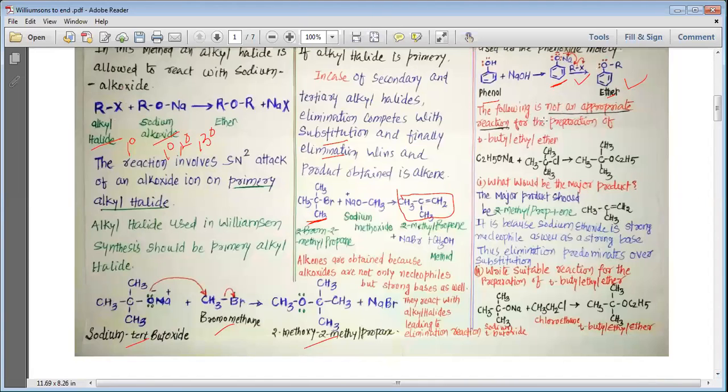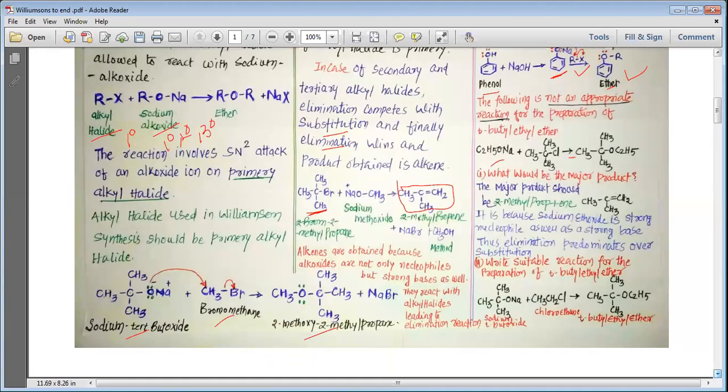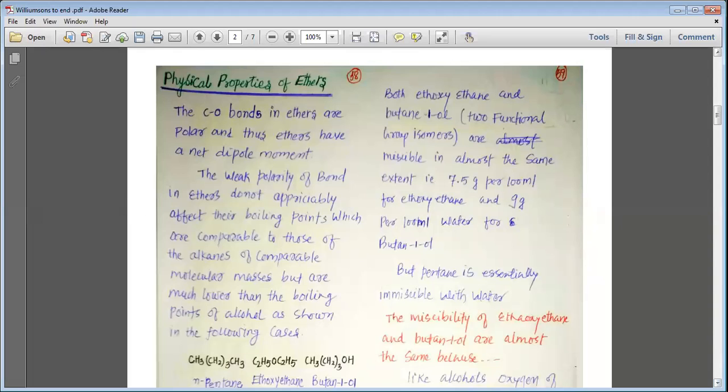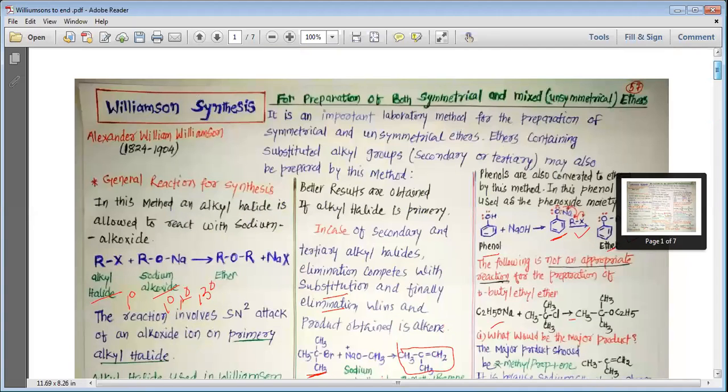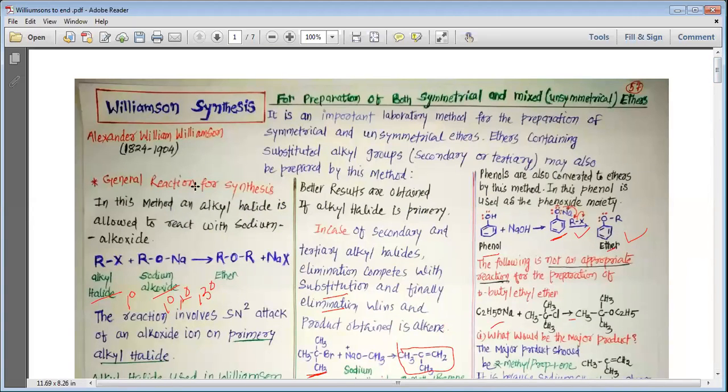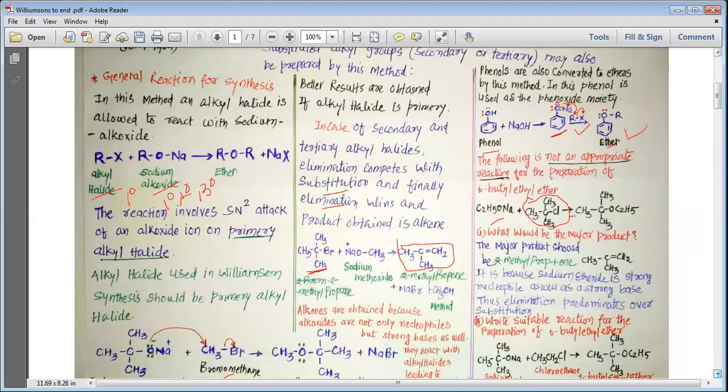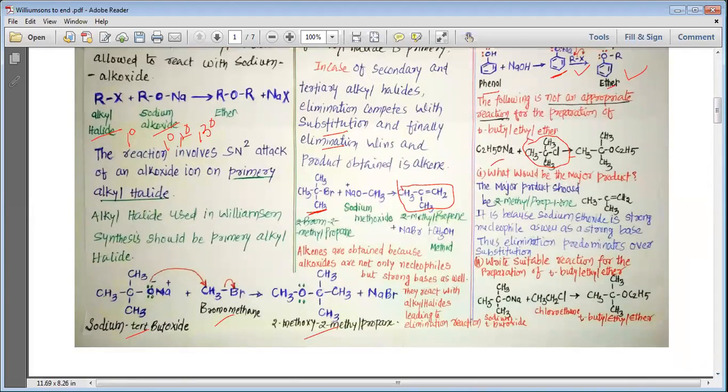The following is not an appropriate reaction. You can see we have seen one reaction which was not appropriate. The reaction was not appropriate because the sodium alkoxide taken was primary, but the alkyl halide was taken tertiary. So if the reaction takes place, we will get alkene as a product.